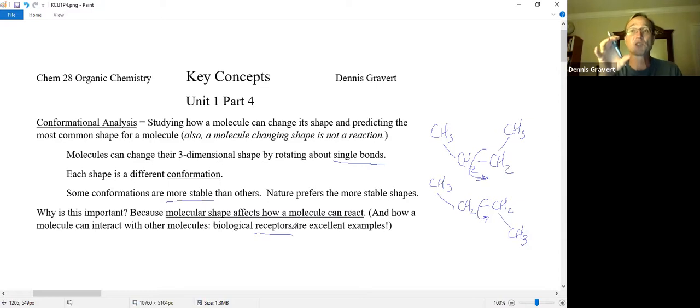So if the molecule they're trying to attach to doesn't have the exact shape and the right functional groups, it won't bind. And so they're very selective, and that's a key way biological systems operate. If you're going to investigate that, you need to know something about shapes of molecules.